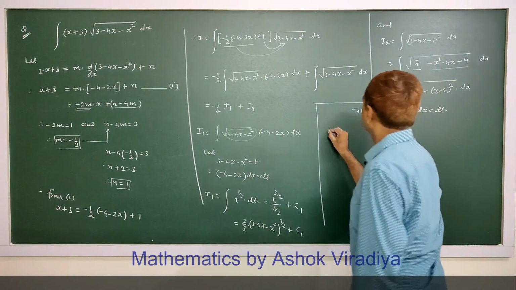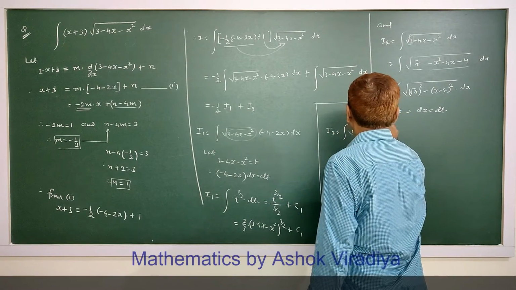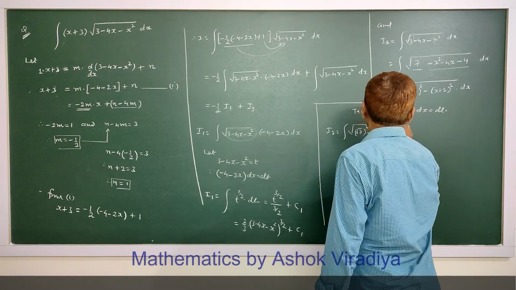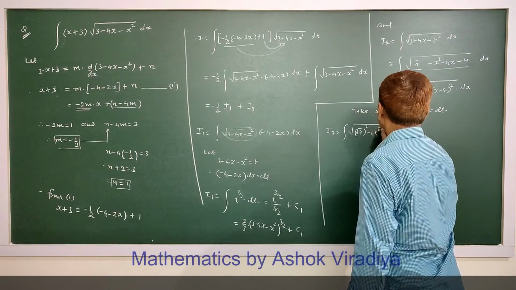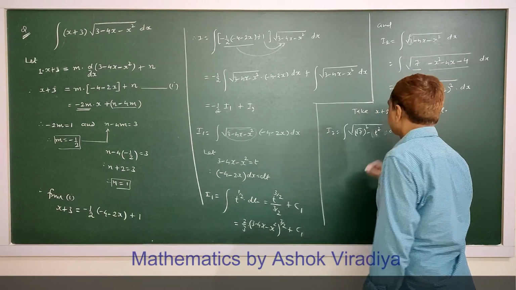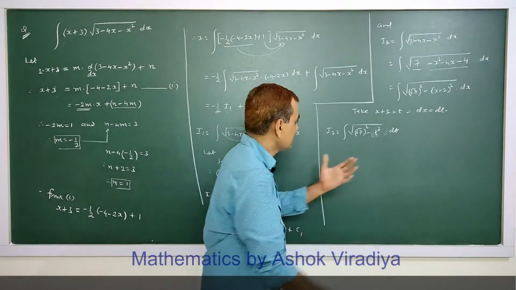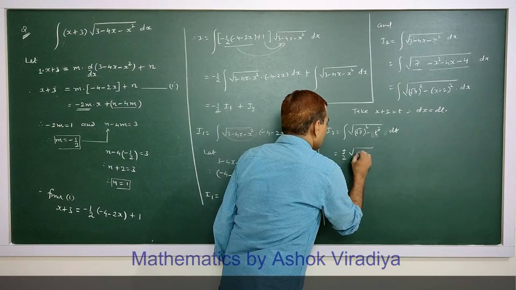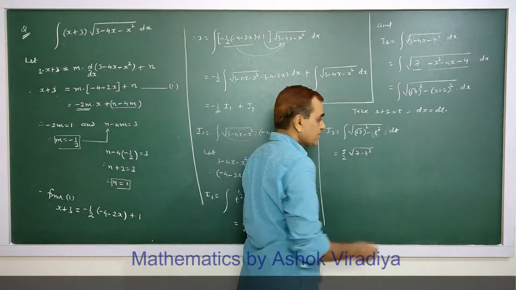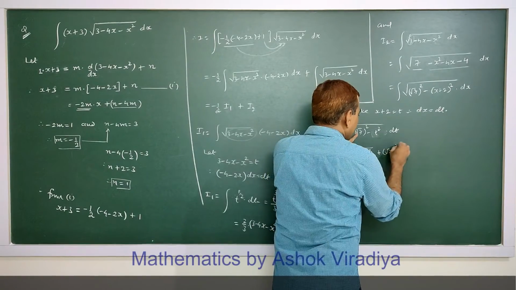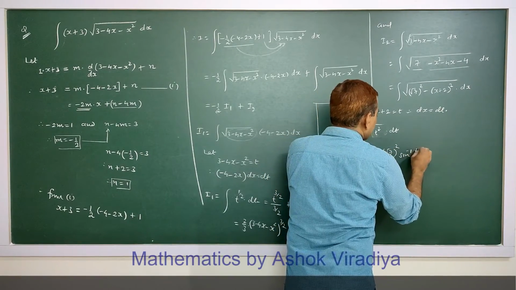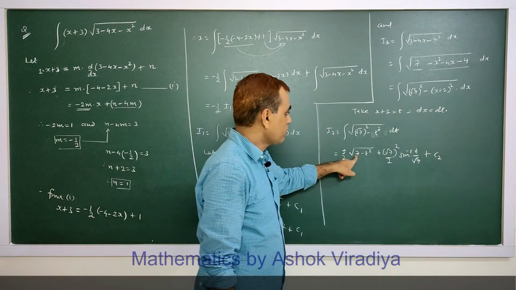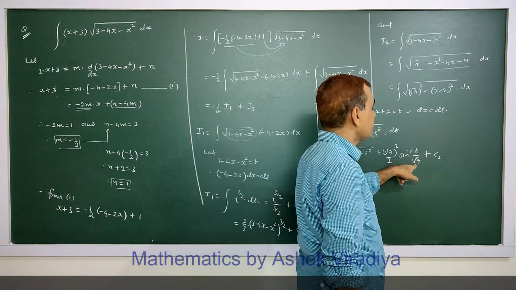So I2 is the integral of square root of root 7 square minus t square dt. Integrating this, the formula for root a square minus x square is x by 2 root a square minus x square plus a square by 2 sine inverse x upon a plus c.